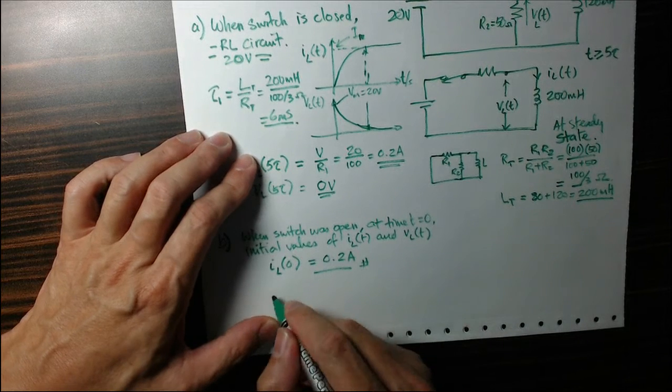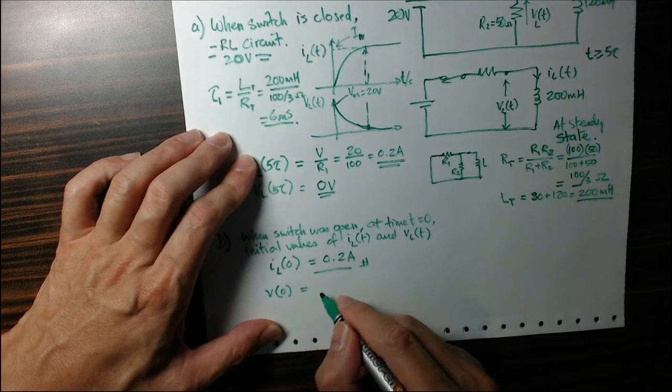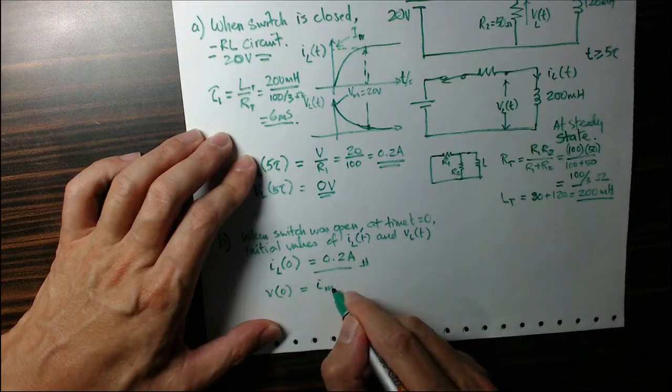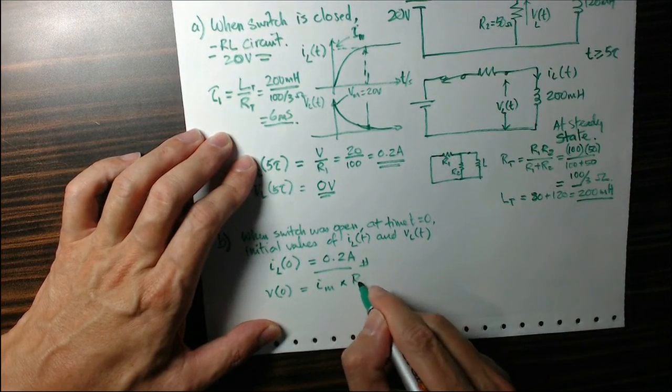This means the voltage at time 0 is equal to the maximum I value, which was this one, multiplied by the effective resistance.